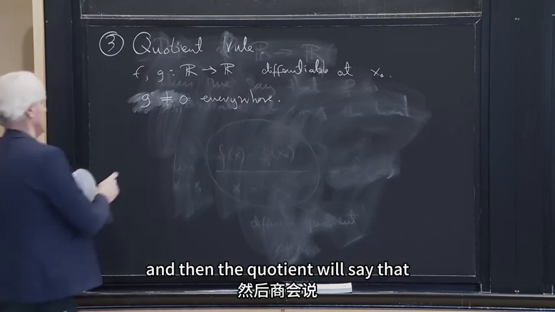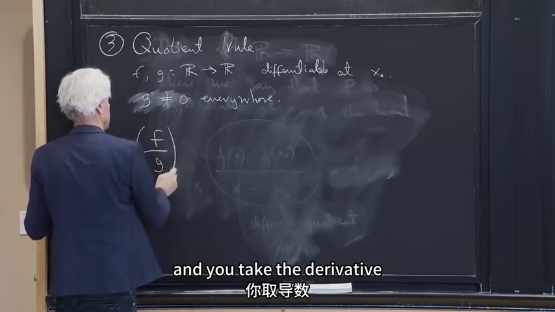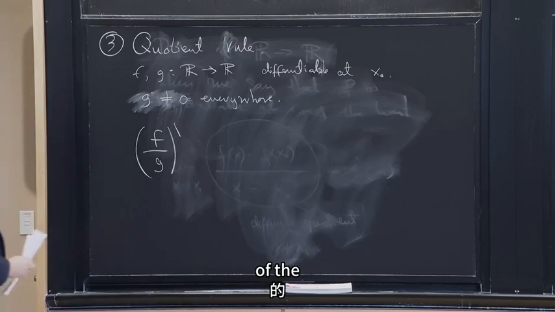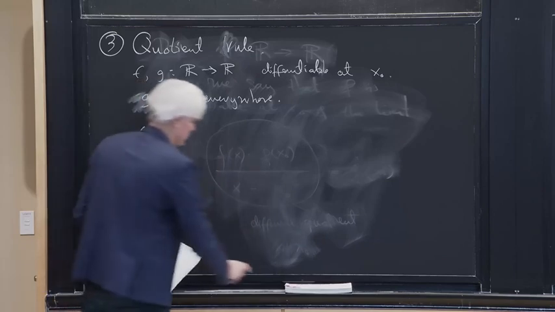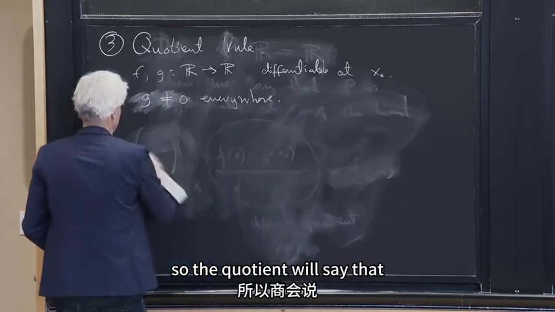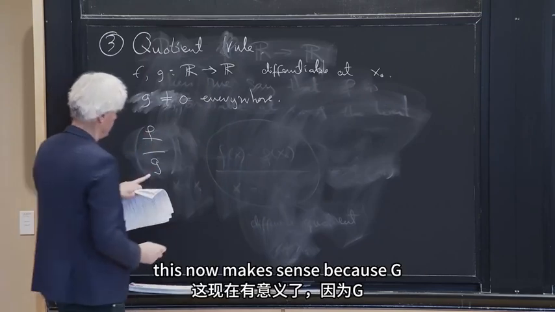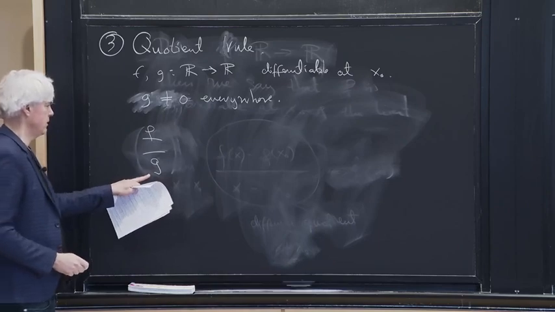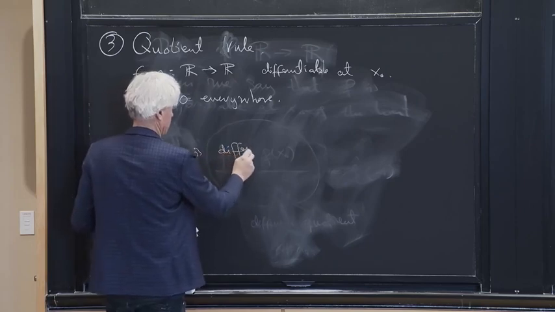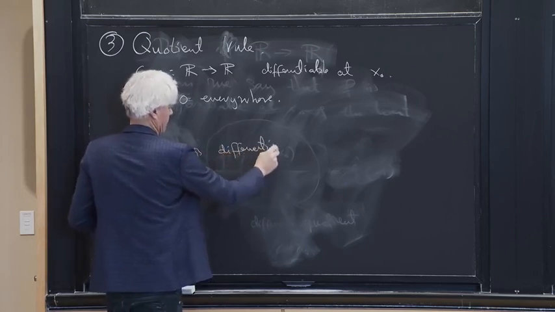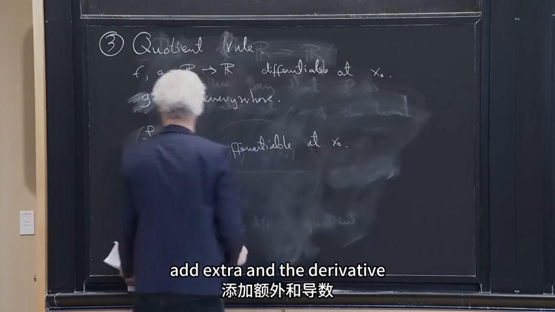And then the quotient rule will say that if you're looking at this quotient here, this now makes sense because g does not vanish, and this here is differentiable at x0.